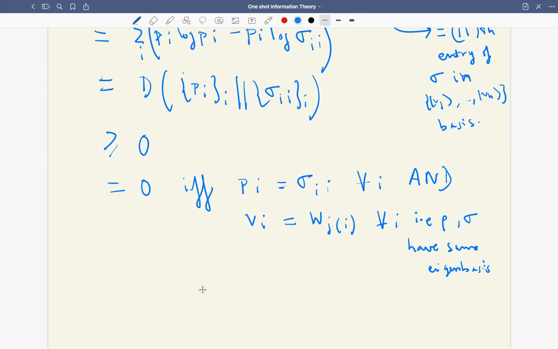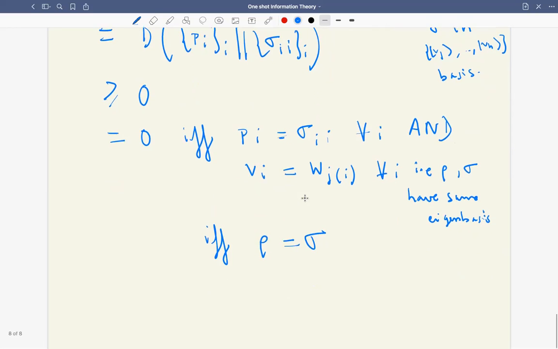So to cut the long story short, the operators are the same. Rho is equal to sigma. Writing them as matrices in the common eigenbasis, the entries are the same. Any questions about this derivation? So I have proved property one, that the quantum relative entropy is greater than or equal to 0, and it is equal to 0 if and only if rho is equal to sigma.